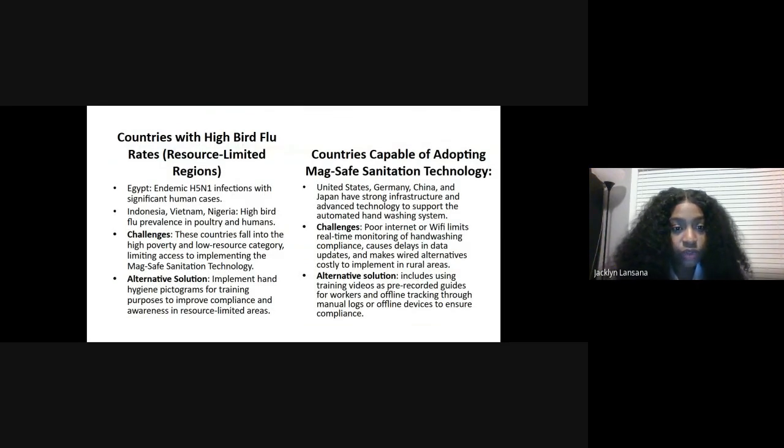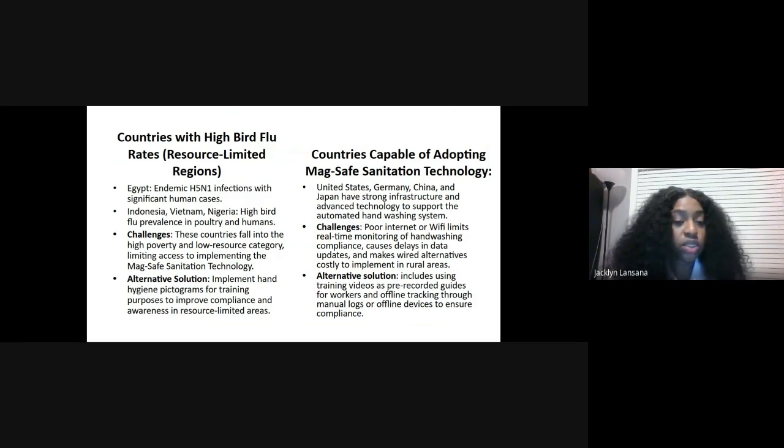There are some countries that will face some issues due to having limited resources in implementing the MagSafe sanitation technology. These countries, such as Egypt, that experience an endemic infection with significant human cases, and countries like Indonesia, Vietnam, and Nigeria that have high bird flu prevalence in poultry and in humans.